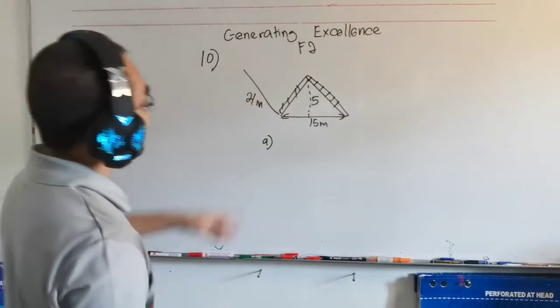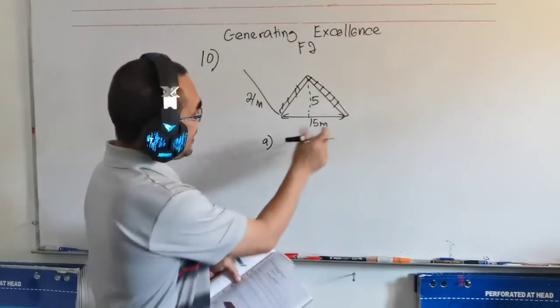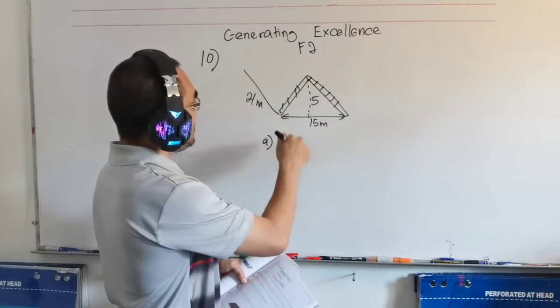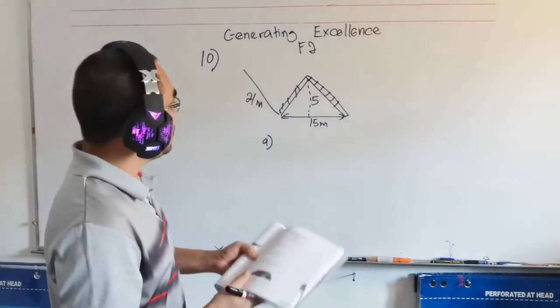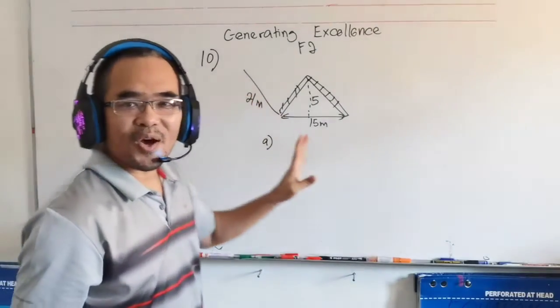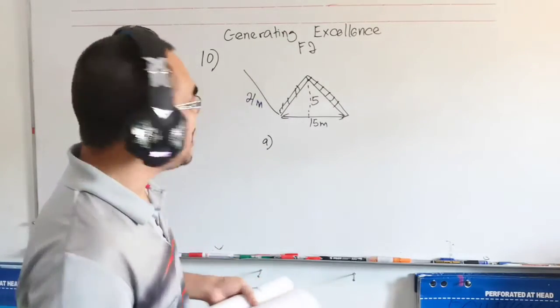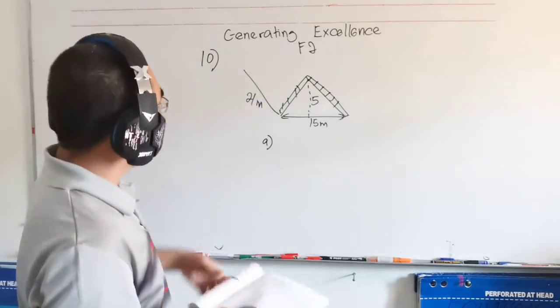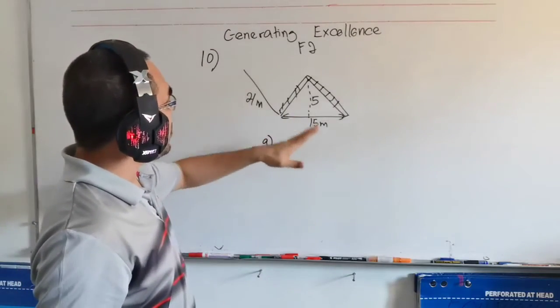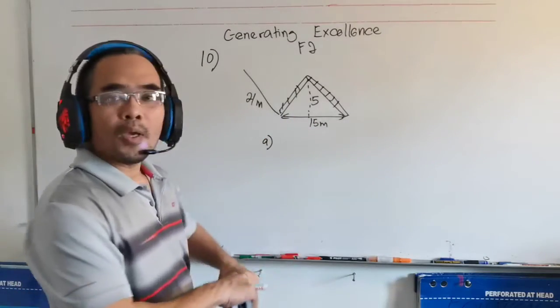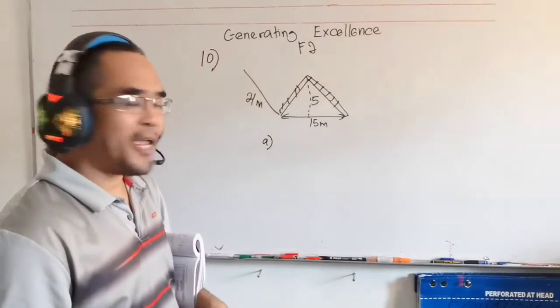Okay, so I've sketched the roof. The length here is 15 meter, and pardon me, the drawing is not exact; you have to refer to the real diagram in order to really understand. So in order to know the gradient, what is the formula for gradient?